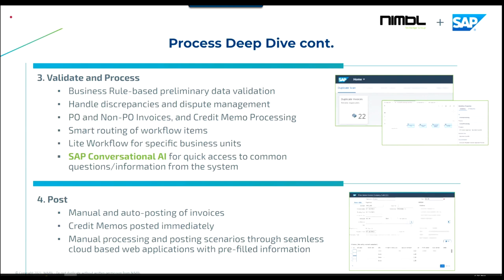The point is this significantly reduces the time and the effort for AP clerks and AP managers, and frees them up instead to handle more complicated approvals. We've also enabled smart routing of the workflow to specific teams like purchasing or finance, depending on the probable root cause.